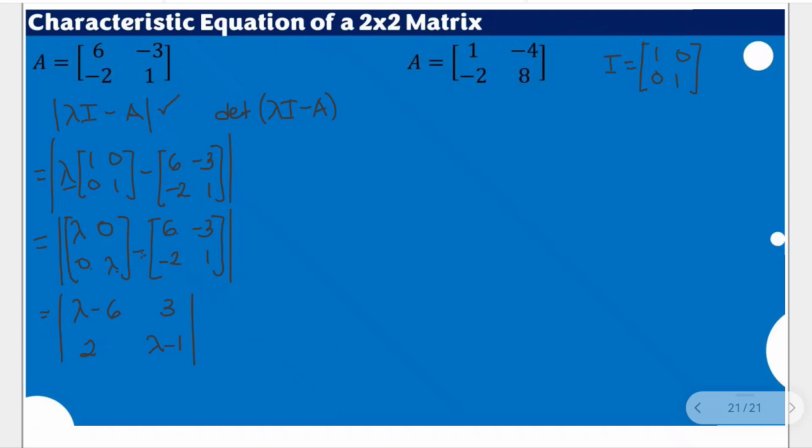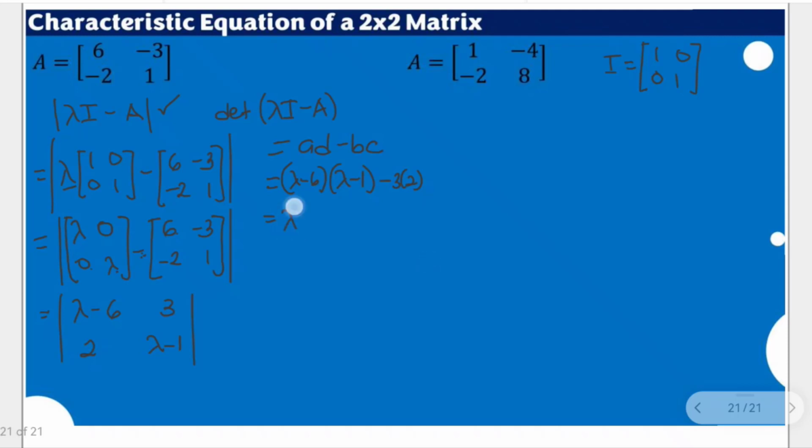After this is the result of this expression, let's solve for its determinant. We know for a 2 by 2 matrix it's AD minus BC. So we'll have A, lambda minus 6, times D, lambda minus 1, minus B times C, which is 3 times 2. Of course, you can multiply this now because our goal is the characteristic equation, where we first get the characteristic polynomial.